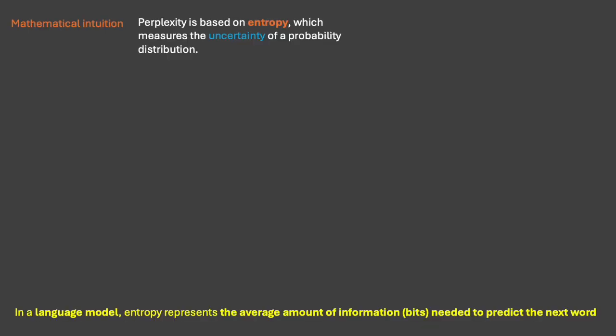Now let's explore perplexity from a mathematical angle, the mathematical intuition behind perplexity. By definition, perplexity is based on entropy, which measures the uncertainty of a probability distribution. The mathematical formula for perplexity is PPL equals 2 to the power H of P. Here, H of P is the cross entropy of the probability distribution.